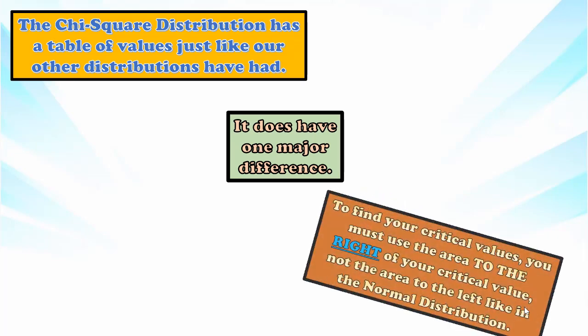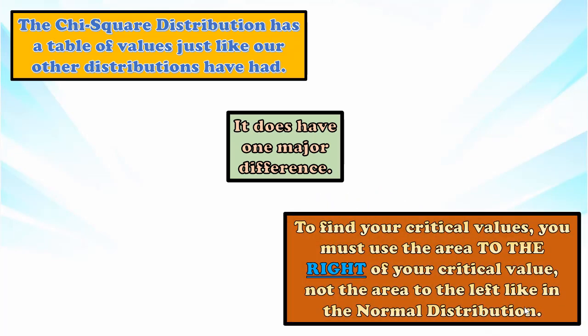It has one major difference though, and in all the tables that we looked at before, we were always finding area to the left, but in the chi-square distribution, we're using area to the right. I don't really know a good reason why we set up the table that way. It is actually possible to redefine this table and set it up the other way. I've never really found a good answer to that, but that is how it is done. So this table has area to the right.